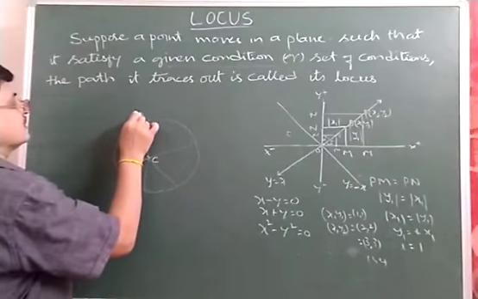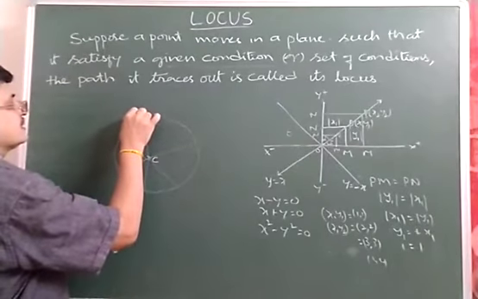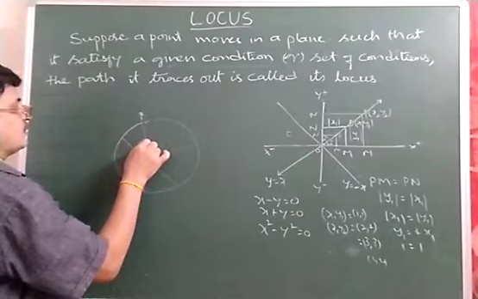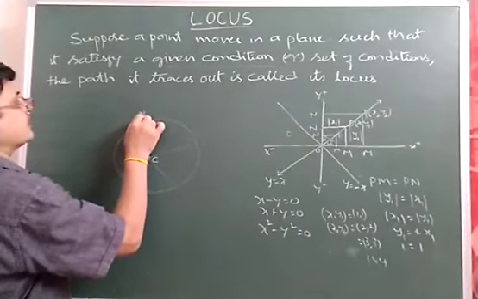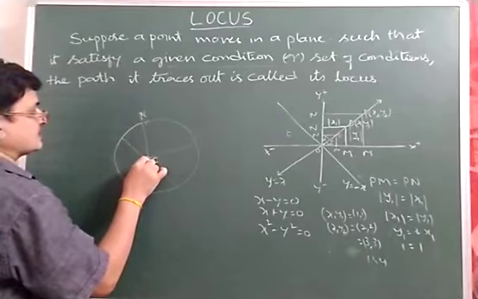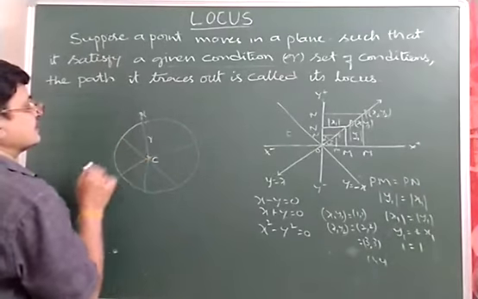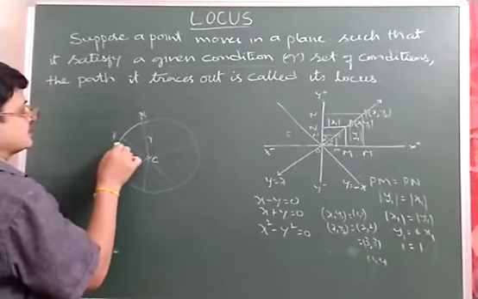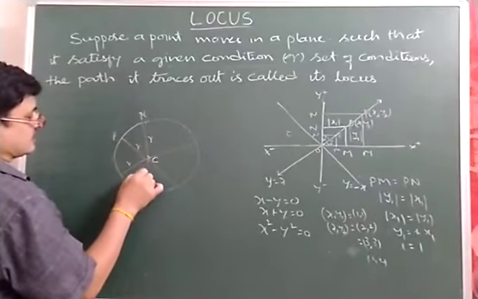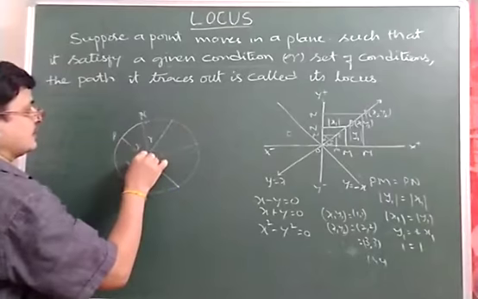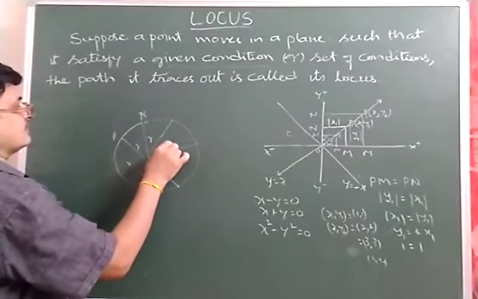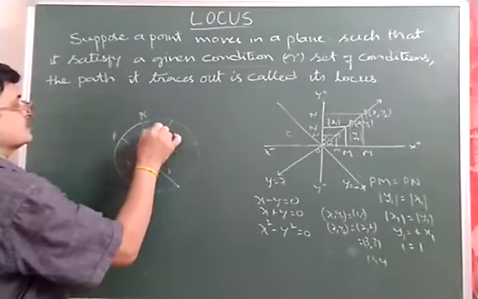That means the distance from the point P to the fixed point is always equal, constant, for every point on the surface of the circle.